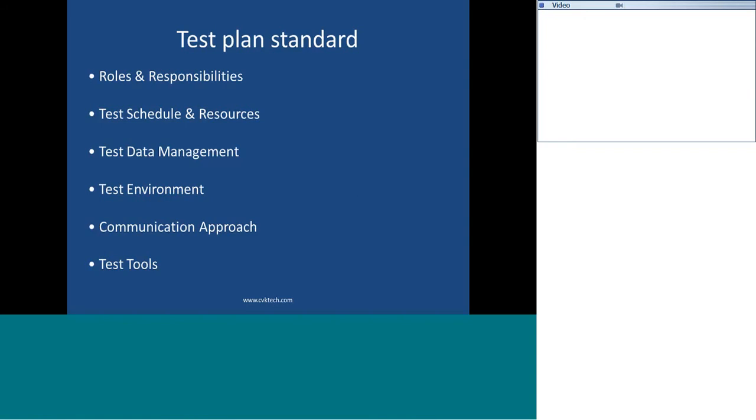If one of the resources is good at functional knowledge, we may assign tasks related to the functional aspect. If one of the resources is good at automation, we'll assign all the automation related tasks to these kinds of persons. If the person is good at communication, we'll make him the voice of the team, and we'll put him on the calls, for defect triaging, or if any meetings are happening, he'll be the person leading those meetings.